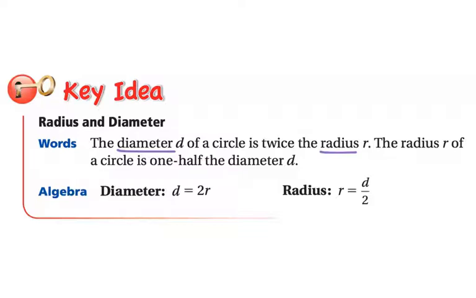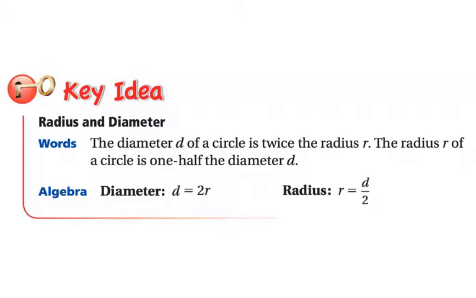Diameter has 8 letters, and radius has only 6. You ask yourself which word has more letters, which is a longer word. Of course, that is diameter, meaning the diameter is also the longer line between the two that we saw a moment ago.